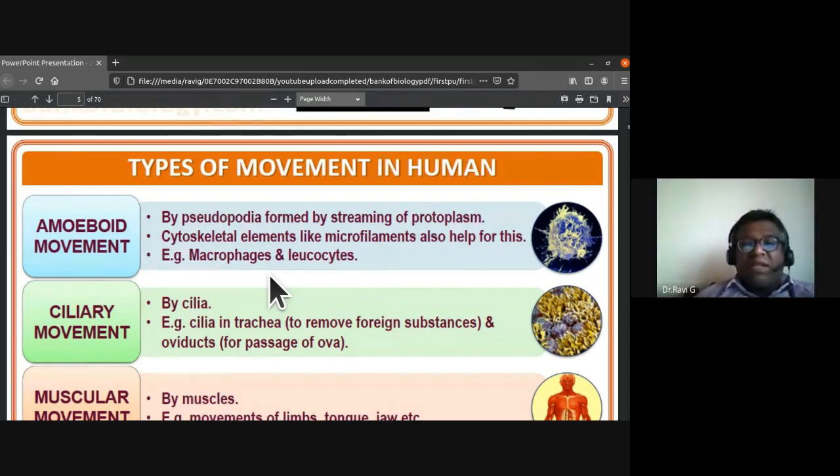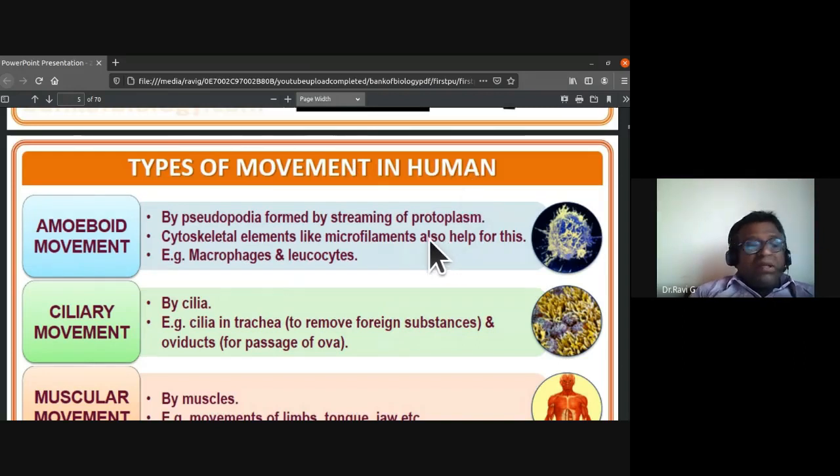The cytoskeletal elements like microfilaments within our cells help for this amoeboid movement. An example is the macrophages. You can notice the macrophages are present in our areolar tissue. They help in pseudopodia movement, the formation of false feet. So macrophages and leukocytes are examples of amoeboid movement within our body.